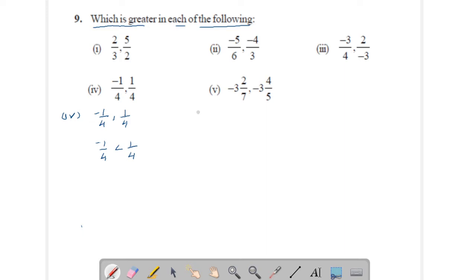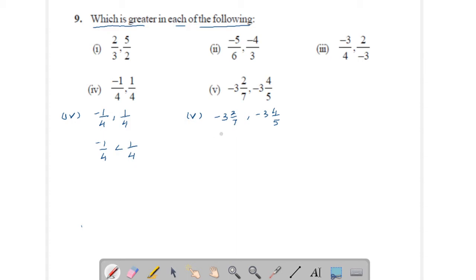Now come to fifth part. Minus 3 2 upon 7 and minus 3 4 upon 5. Here these are mixed rational numbers.